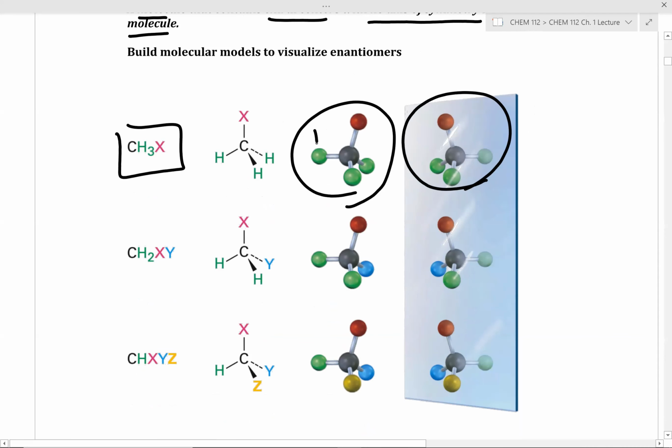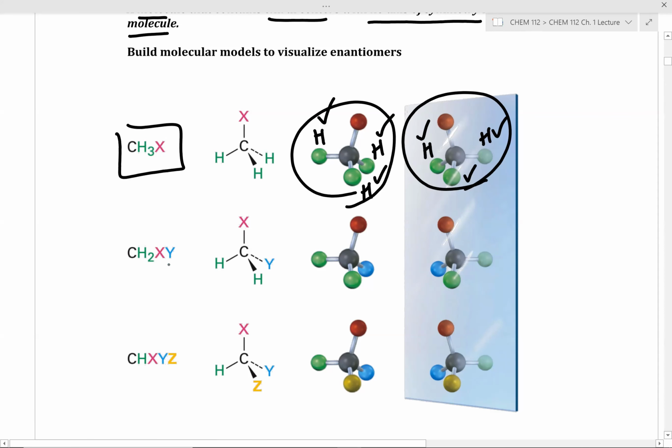So do we have a hydrogen on the left? Yep, we do. Do we have a hydrogen in the front? Yes, we do. And a hydrogen in the back? Yes, we do. So because we have 3 identical substituents, the mirror image is exactly identical.